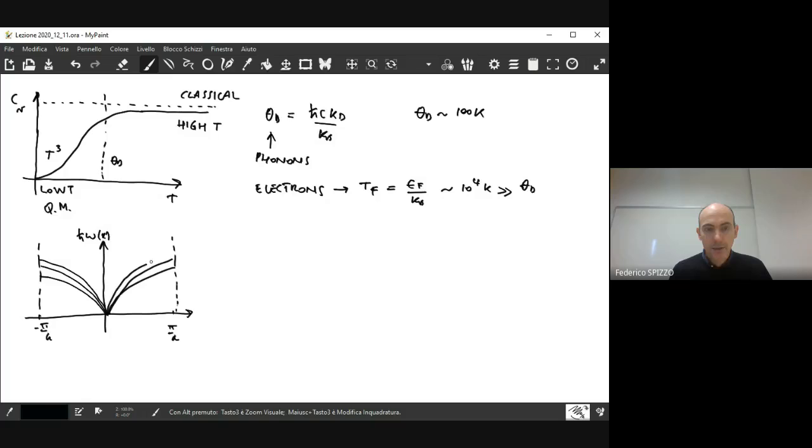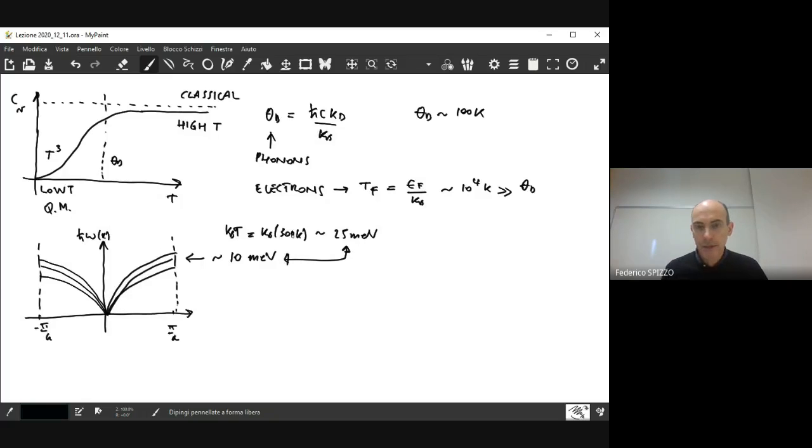Then we have that, due to the energy of the excitation, this energy here is of the order of tens of milli eV. And as kBT, when we consider 300 Kelvin, is 25 milli eV, then this temperature and this temperature, if we consider the temperature expressed in milli eV, are comparable with each other.